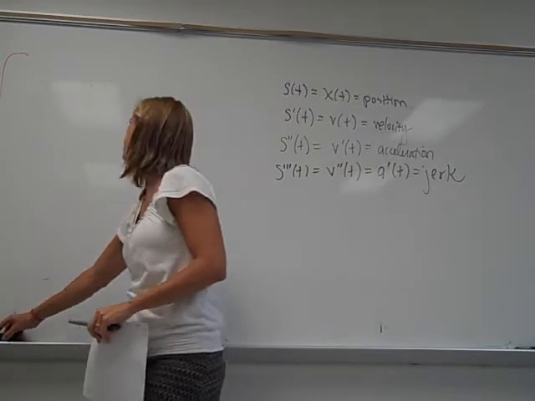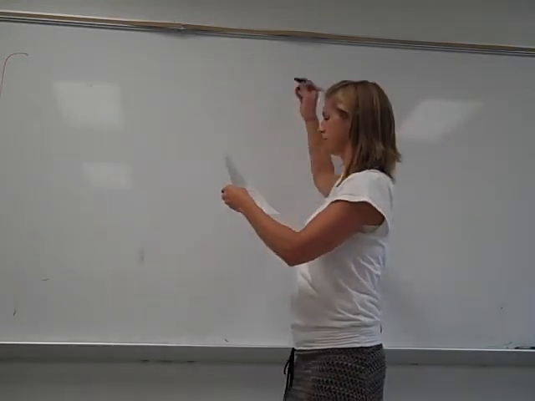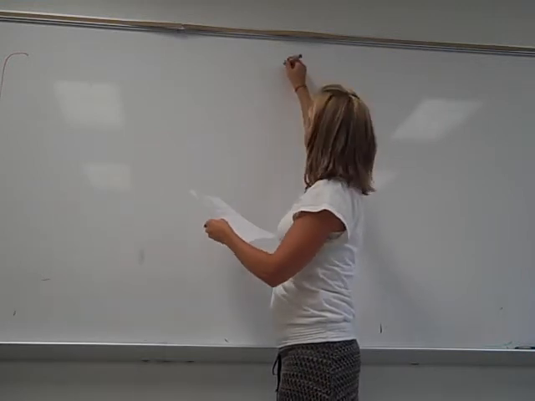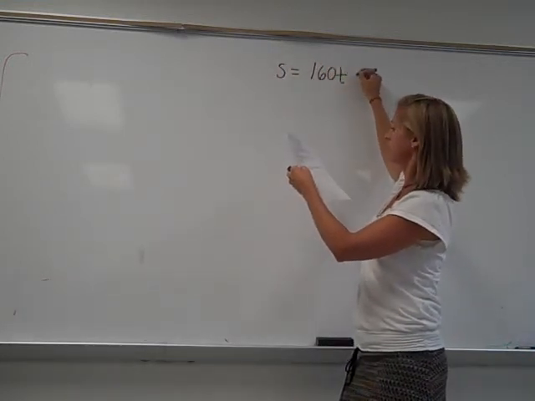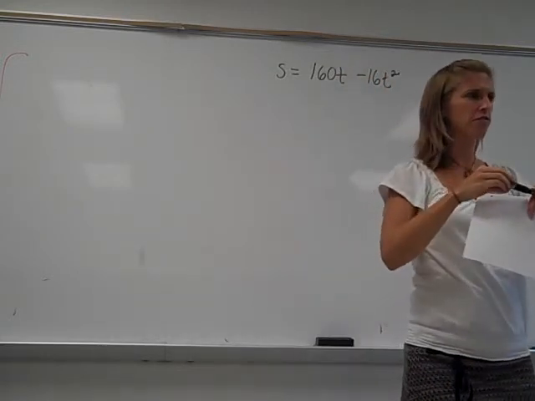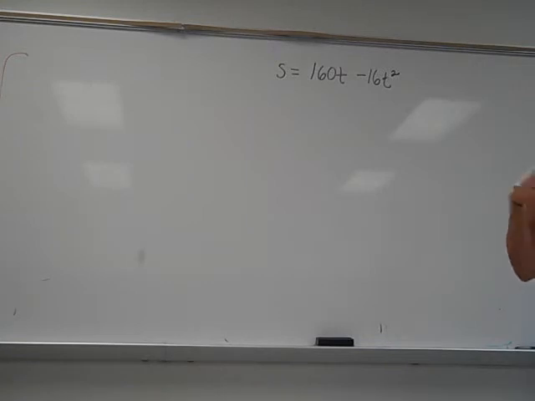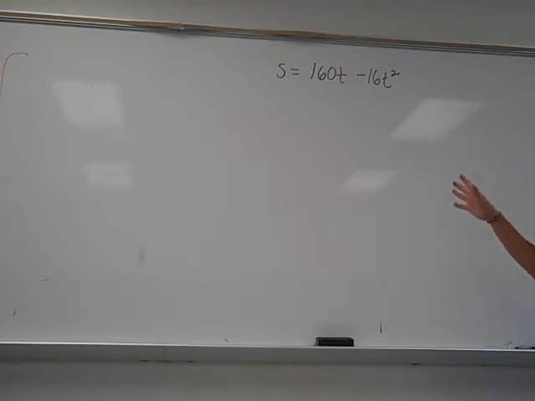So, let me start with this. You're being told the position function. A lot of times in physics you have to write it yourself. And that number in front of t squared is related to the pull due to gravity, like 32 feet per second squared, or 9.8 meters per second squared.